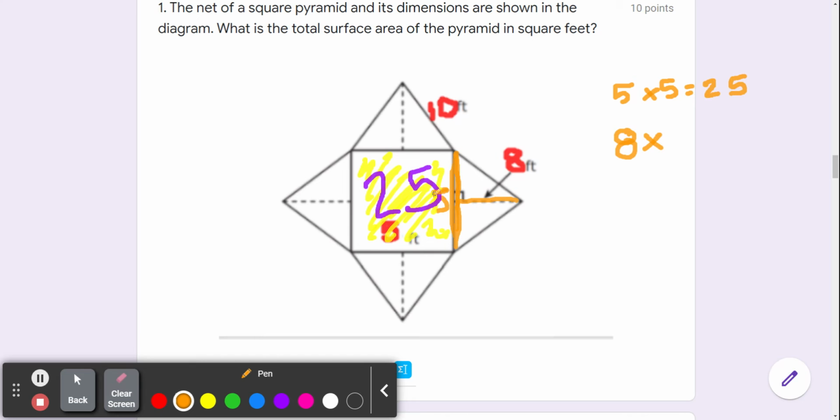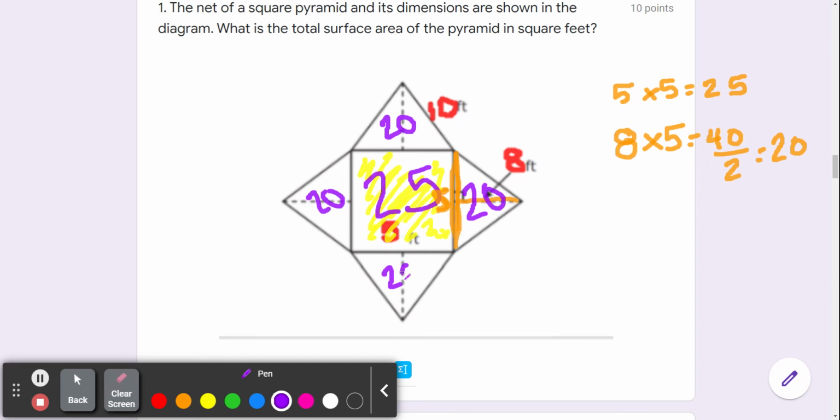My base is 5. It was this 5 from earlier. So 8 times 5 is 40. But because it's a triangle, I have to divide it by 2. So the area of this triangle is 20. So this one is 20. This one is 20. This one is 20. And this one is 20.